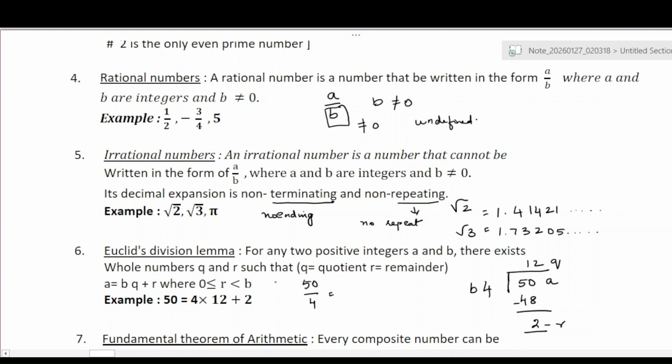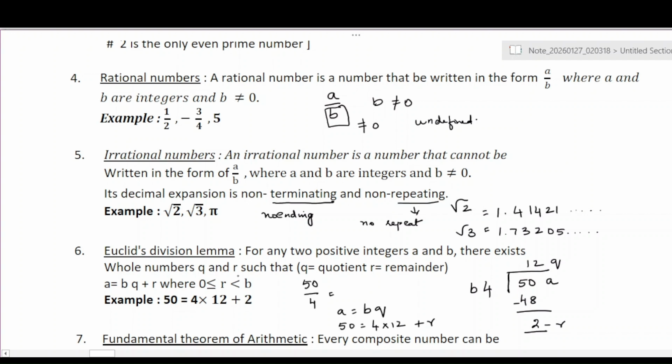So a is equal to bq, that is 50 is equal to b into q, that is 4 into 12, plus the remainder 2.